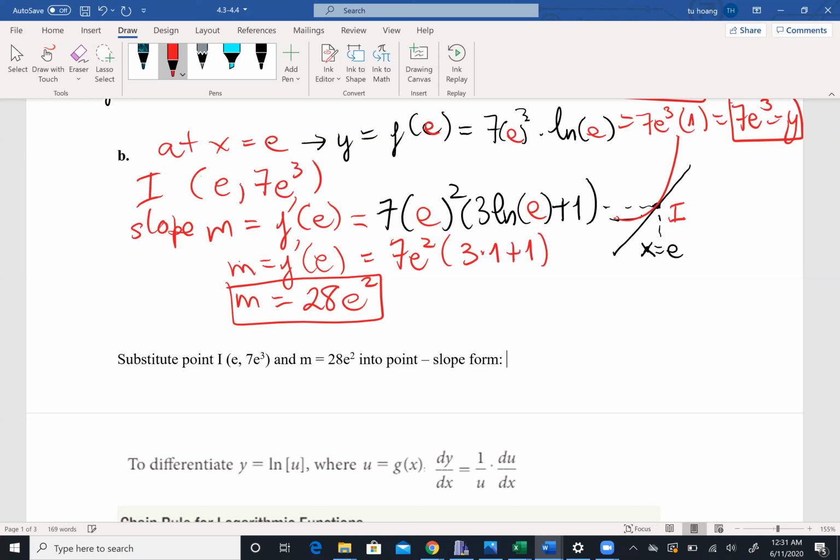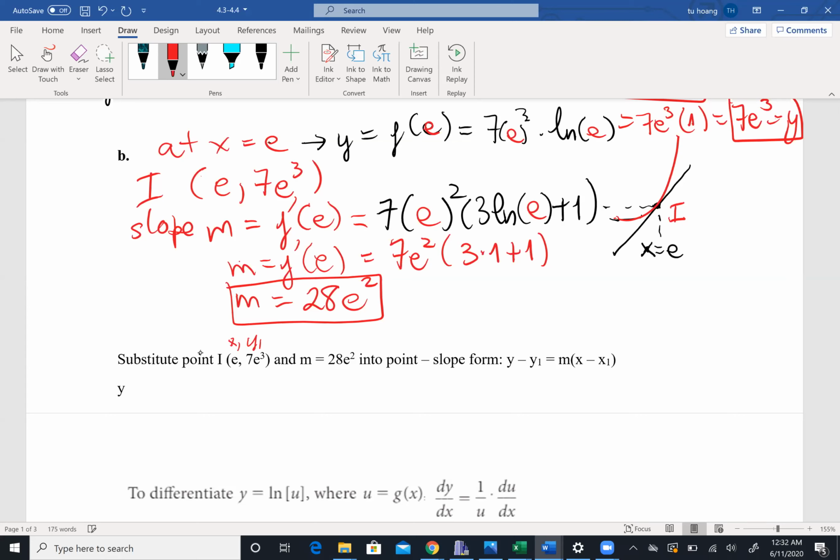We have y minus y1 equal to m times x minus x1. I know that it is x1 and it is y1. And now I am substituting to get the tangent line.